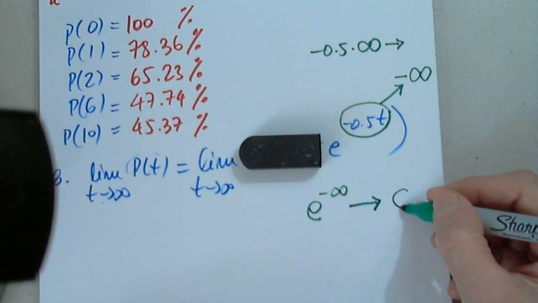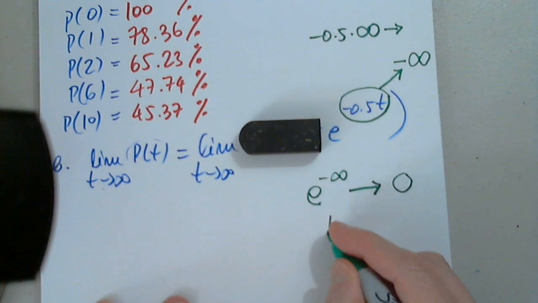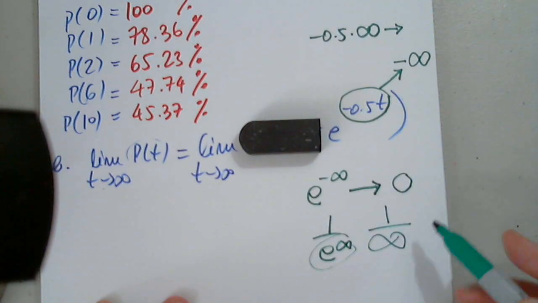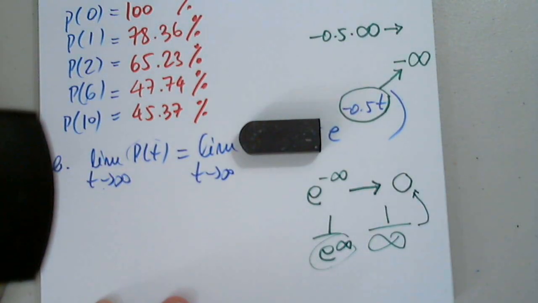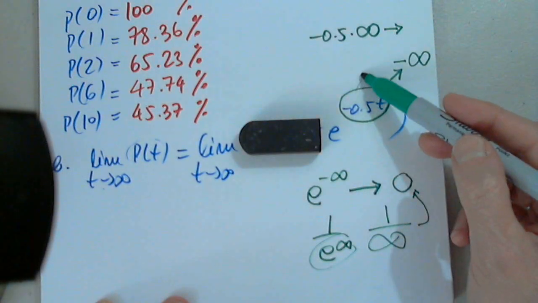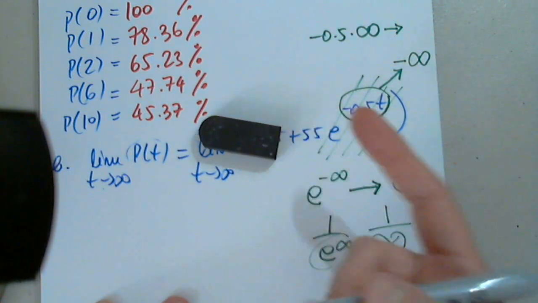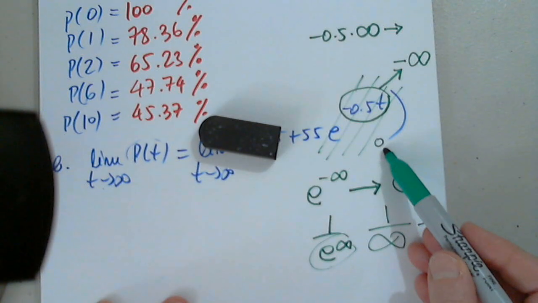Zero. Yes, of course, because this is 1 over e to infinity. e to infinity is so big that when I divide 1 by it, it will definitely approach 0. So now I know that this approaches 0. How much is 55 times 0? 0.